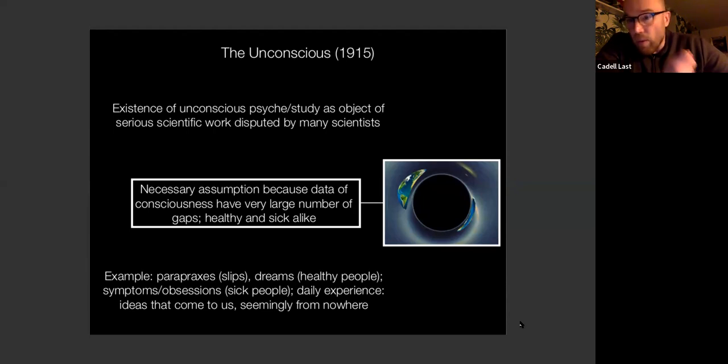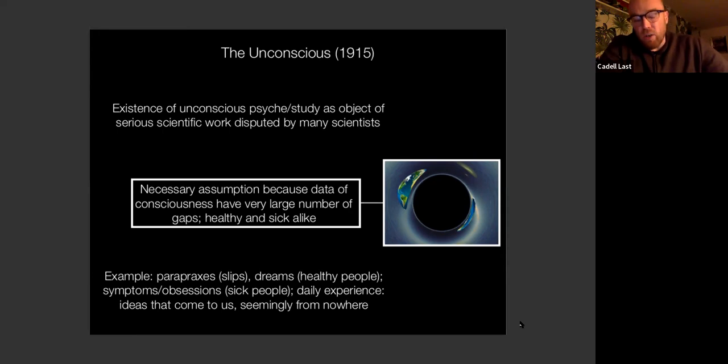But even if we were to label someone as having a quote unquote healthy psyche, that does not mean that the person does not have an unconscious, that the unconscious is not just a function of neurosis, hysteria, and other psychic problems.